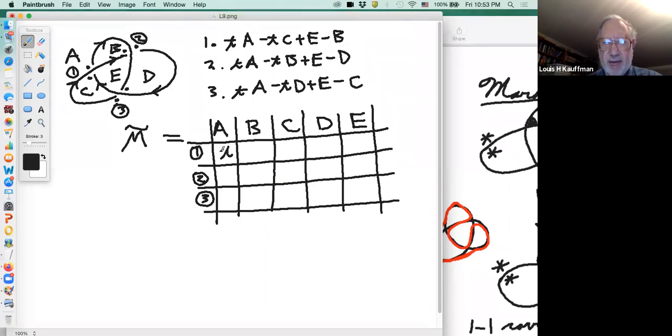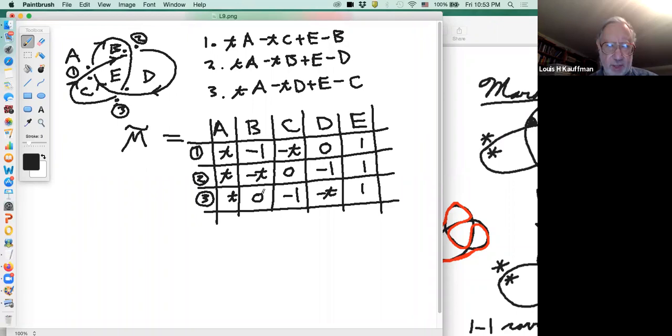So I have TA minus TC plus E minus B, and 0 if nothing appears there. TA minus TB plus E minus D and a 0, and TA minus TB and an E and a minus 1 for C and a 0.